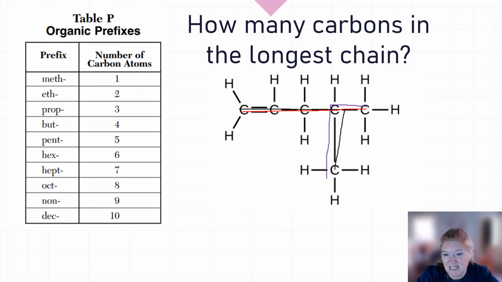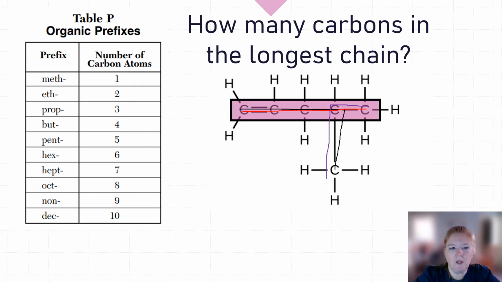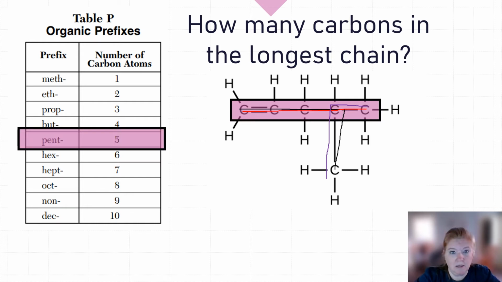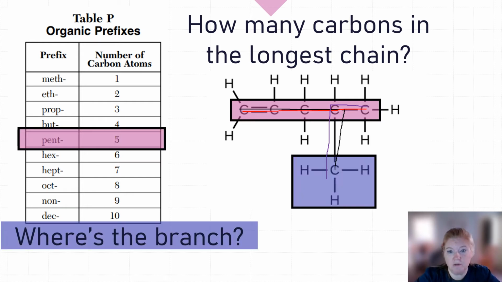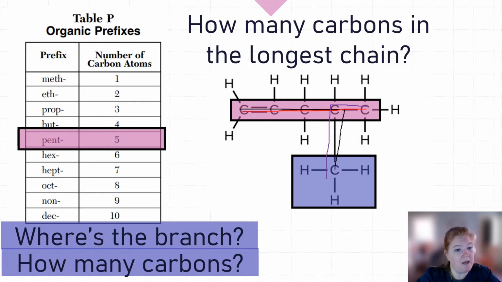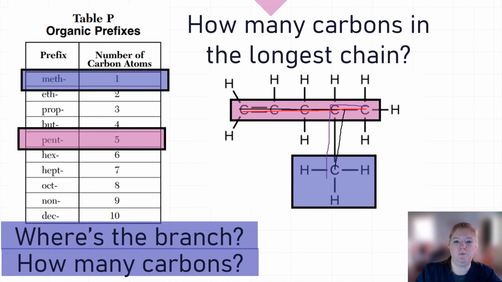And it's easiest just for visual purposes if the chain is a horizontal line. So 5, pent. So where's the branch? Right there. How many carbons are in the branch? Just one. So we would use pent to describe the chain, and we would use meth to describe the branch. Okay.